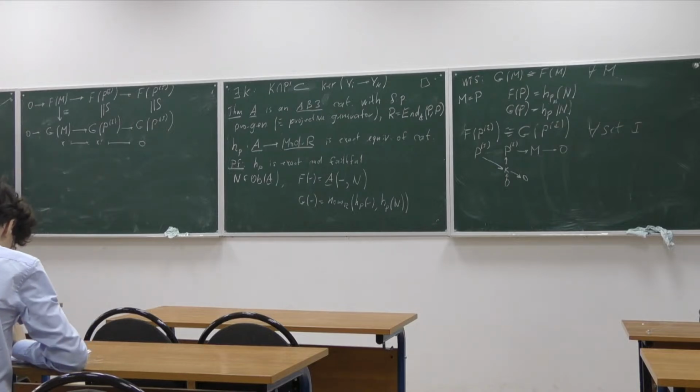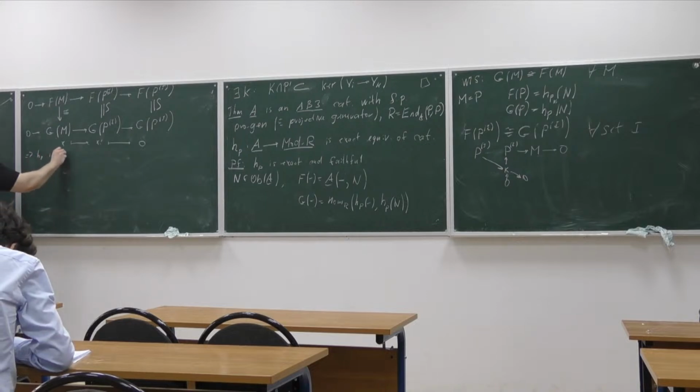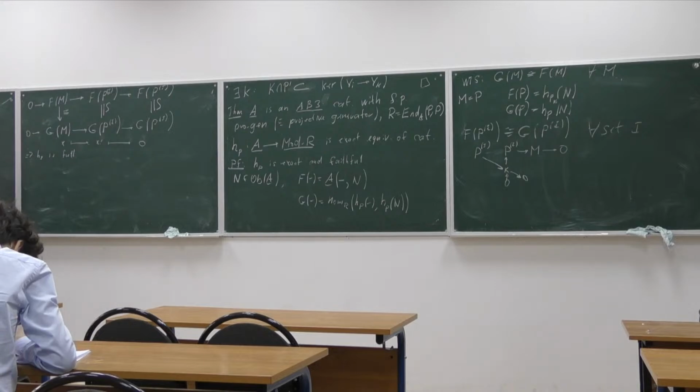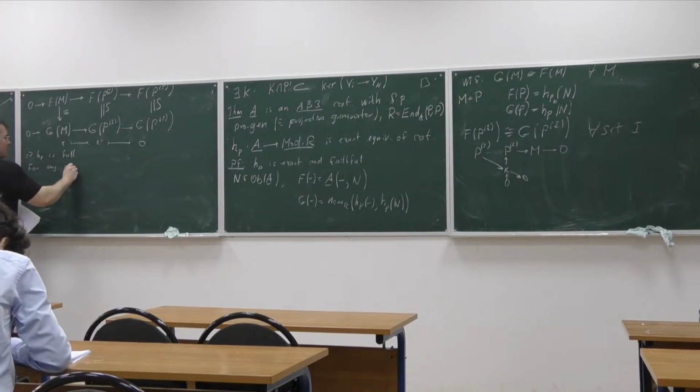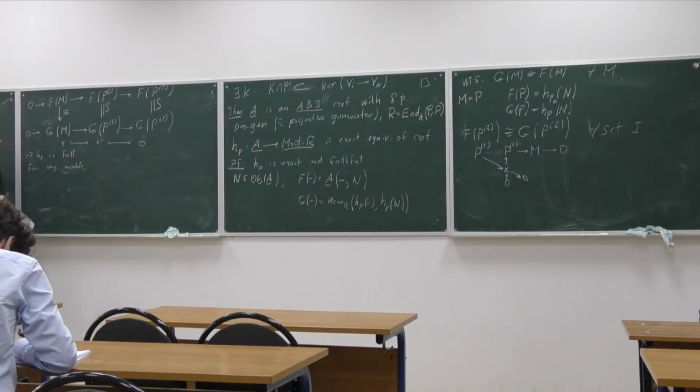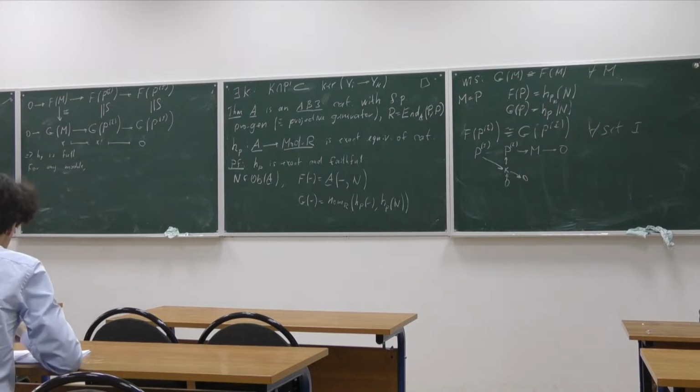So the functor h sub p is full. So the last step, I want to show this is essentially surjective. Well, I know that in the category of modules, R is a projective generator.